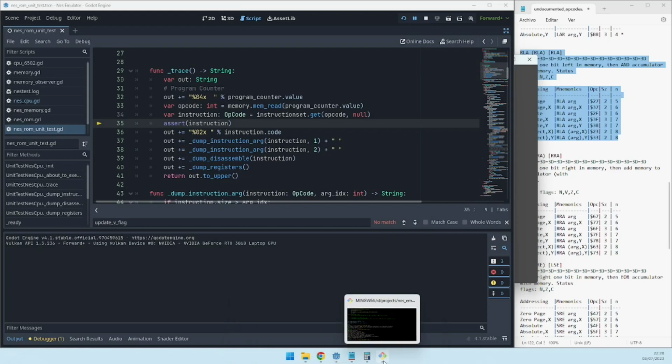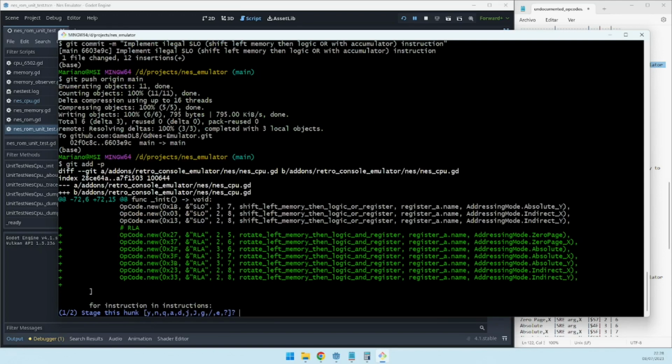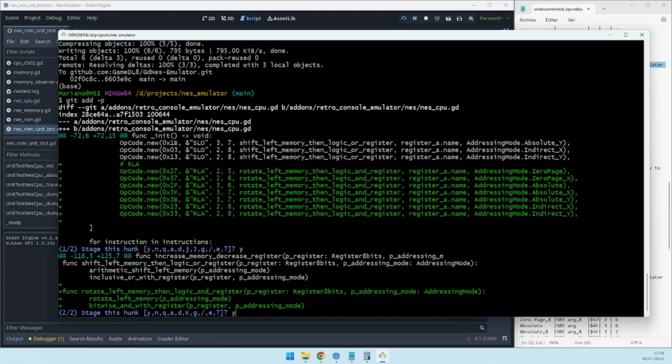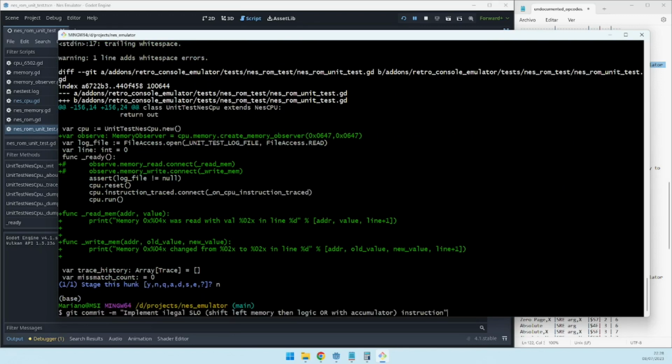So let's commit that. Git add import. Yes, yes, no. Git commit. Implement illegal rotate left accumulator.